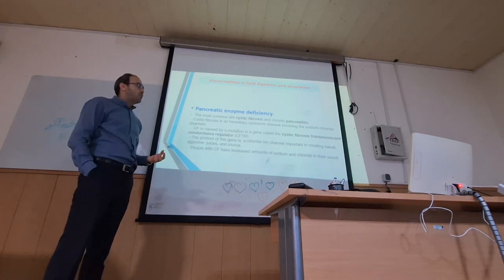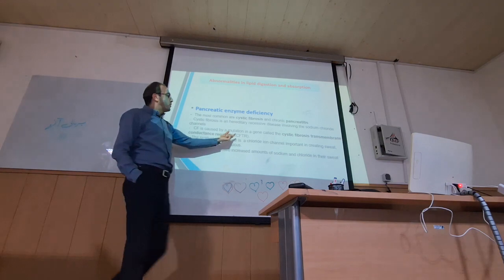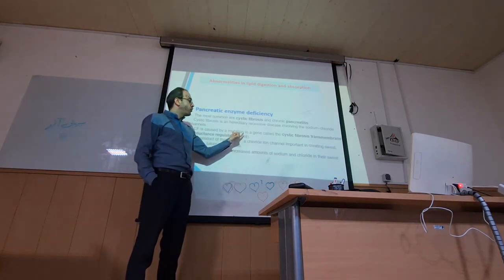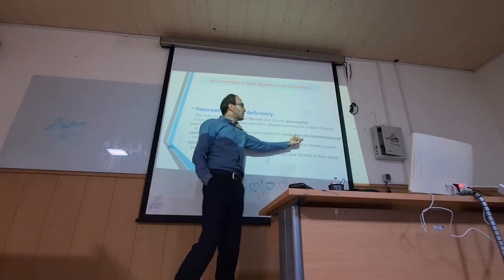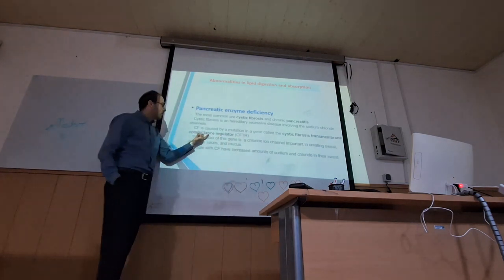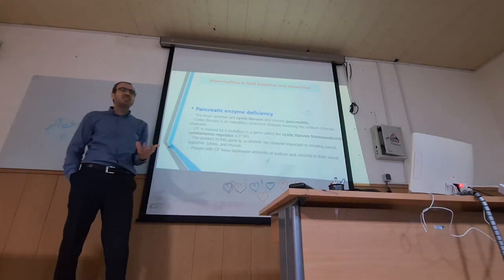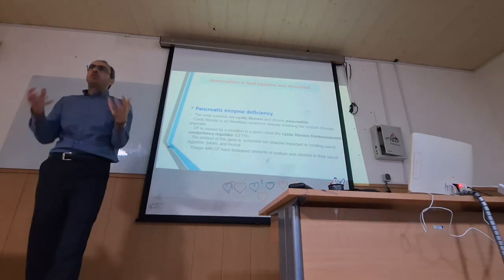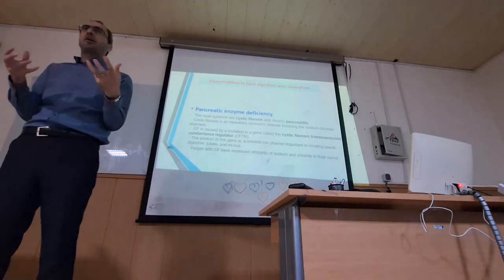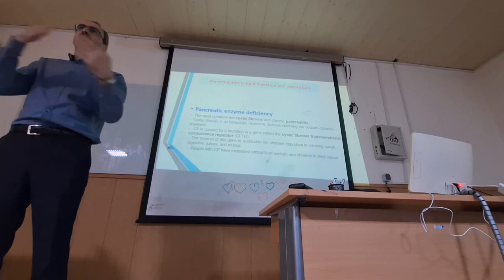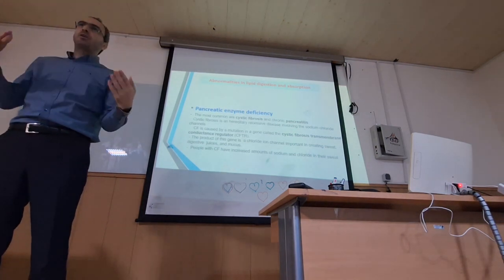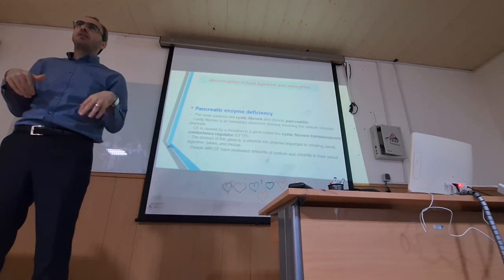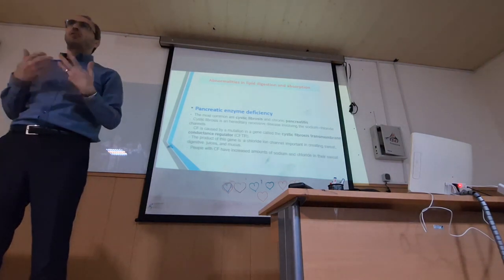CF is related to CFTR. What is CFTR? It is known as the cystic fibrosis transmembrane conductance regulator. In simple terms, it is a chloride channel, and it exchanges chloride and bicarbonate in the intestine and also in the lung.